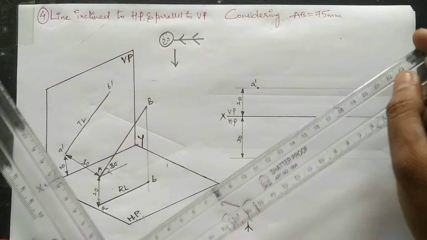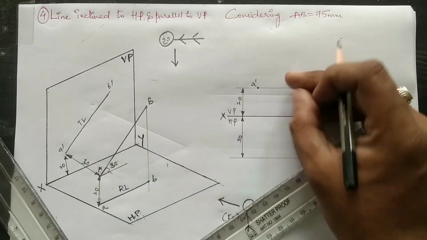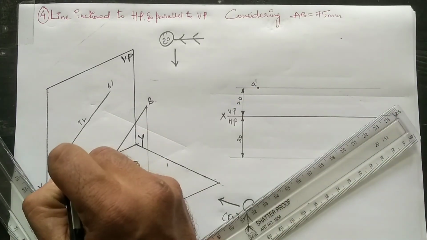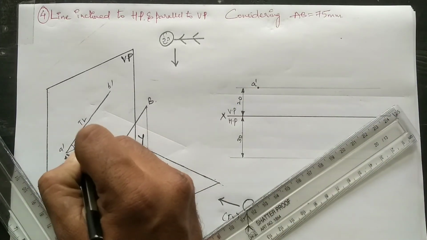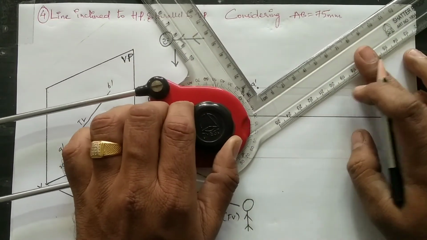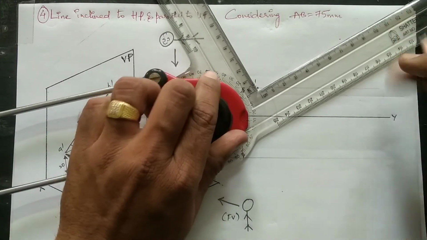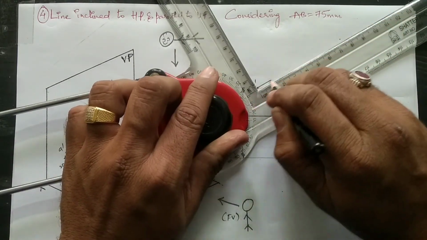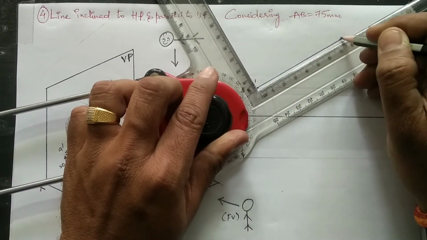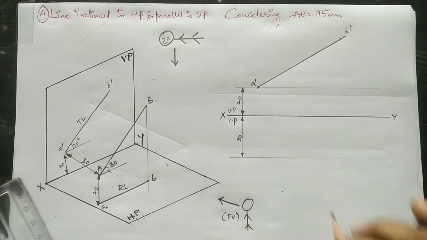Draw a line inclined at an angle of 30 degrees, as mentioned. Draw it here with a length of 75 mm, marking the point as B dash.